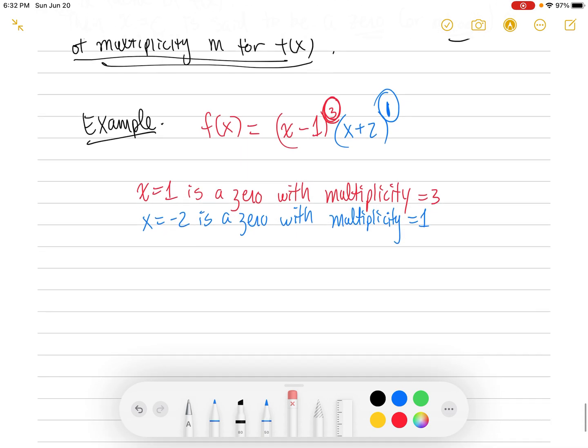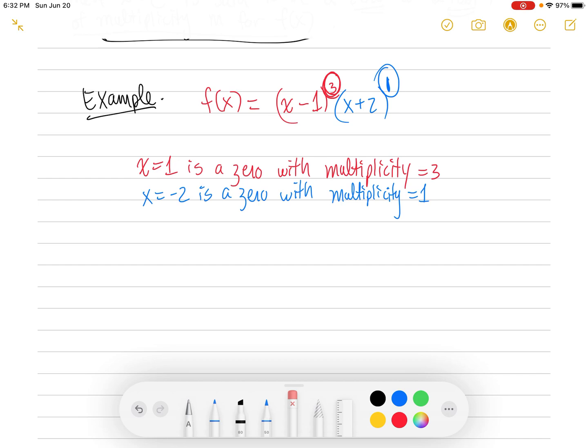Okay, so that's what we're going to be doing here. We want to talk about what the multiplicities determine. We know that the zeros determine the x-intercepts. So these factors here are going to determine your zeros, which determine your x-intercepts. Well, what do those powers, the multiplicities, determine?